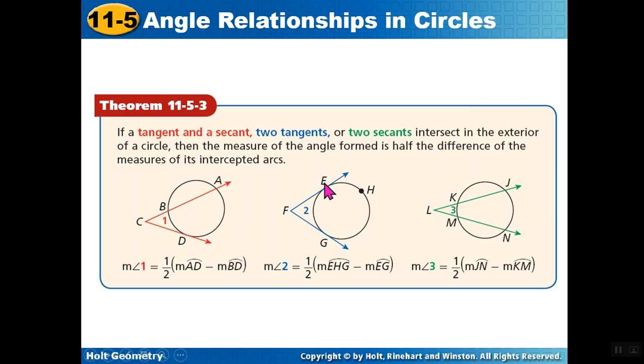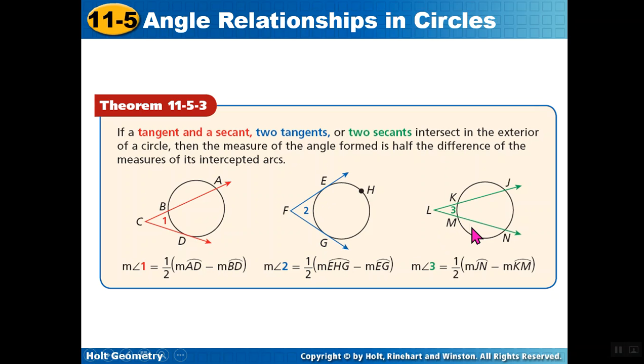Look here, we can't just say arc EG, because then we don't know which arc we want, this path here or this one. So we have to mention another point in order to distinguish between them. So the measure of arc EHG minus the measure of arc EG, and divide the answer by 2.